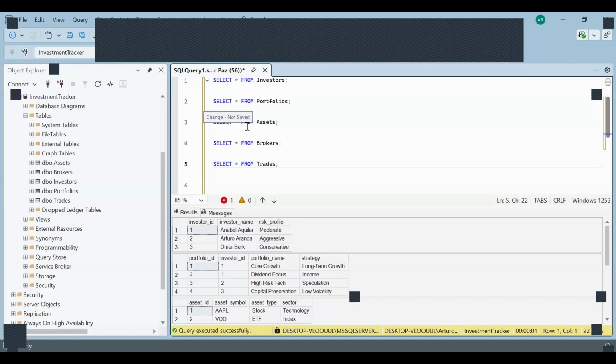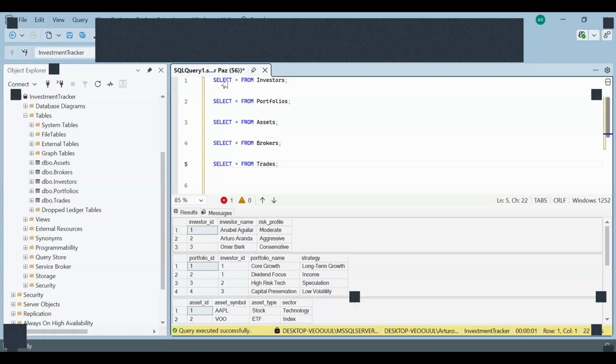After creating the schema, I inserted fictional sample data into each table. I used SQL. Here we can see that I created the database. It's called investment tracker. And then here we can see the different tables that I've created, which are my assets table, brokers table, investors table, portfolios table, and trades table.